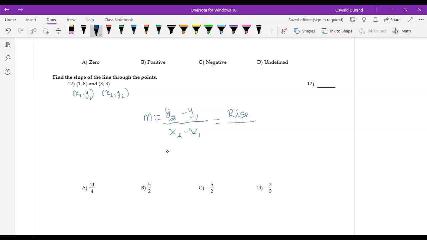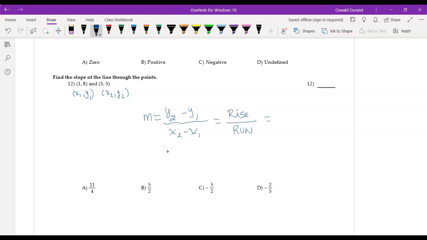And then x2 minus x1 is called the run. The rise is the difference between the two y coordinates, and the run is the difference between the two x coordinates.